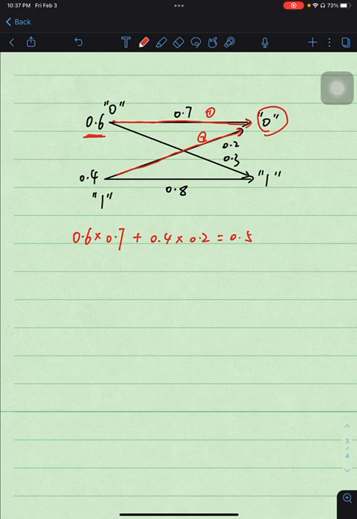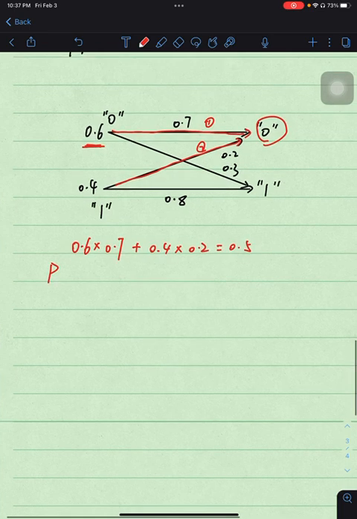And to get this, we can use some alphabets to understand it. We use some events: receive 0 means 0 is received, and receive 1 means 1 is received. T0 is 0 is transmitted.